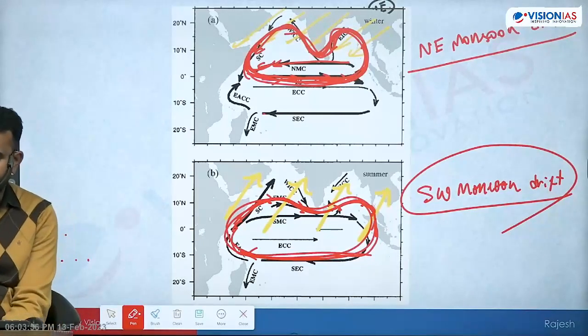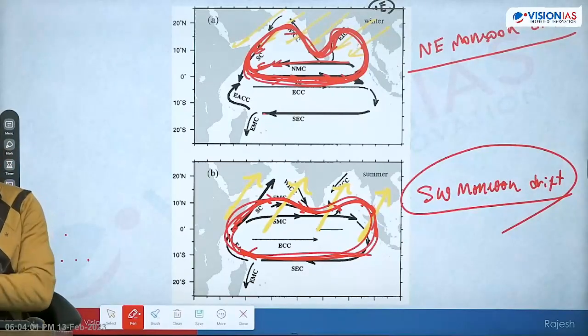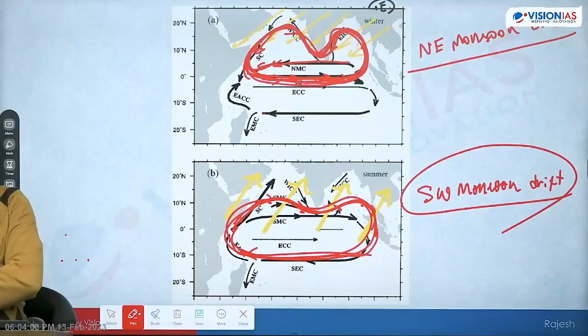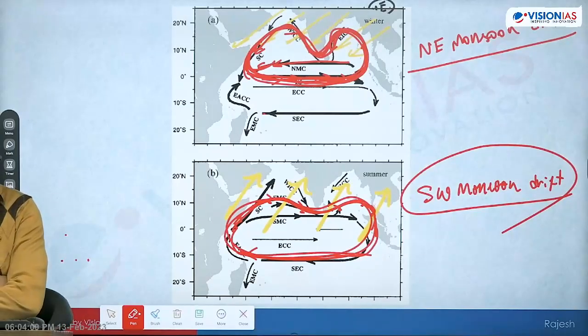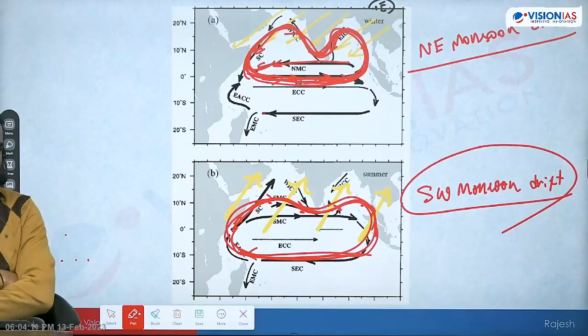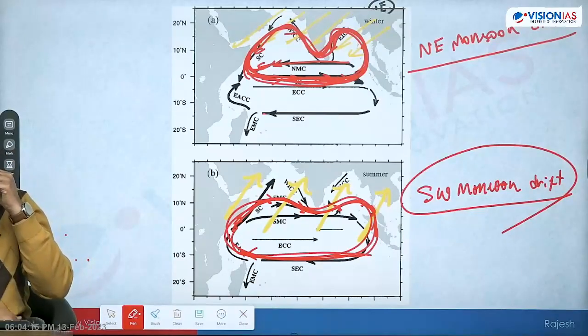ठीक है? सो राइट अबाउट दिस, इसके बारे में लिखो. Currents of Northern Indian Ocean. Winters.